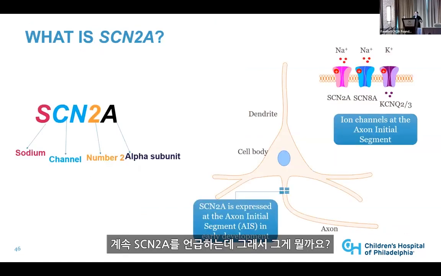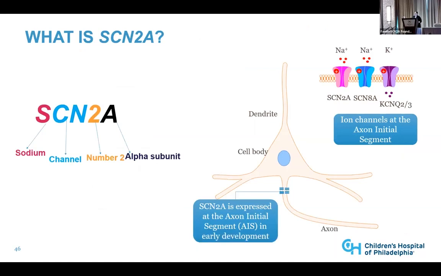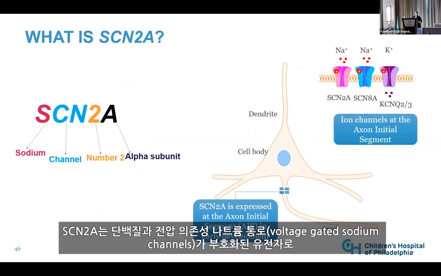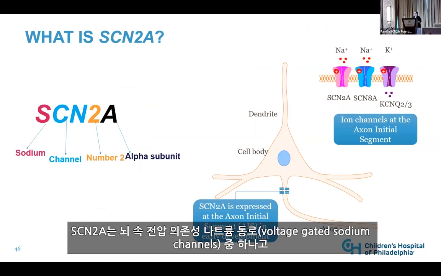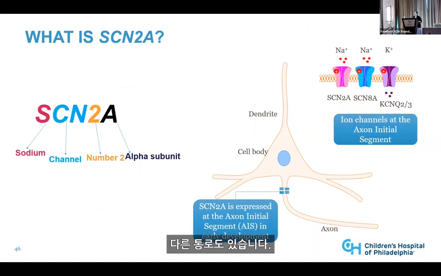So all of this talk about SCN2A, what actually is it? SCN2A is a gene which encodes a protein, a voltage-gated sodium channel. SCN2A is one of the voltage-gated sodium channels in the brain, but there are others.